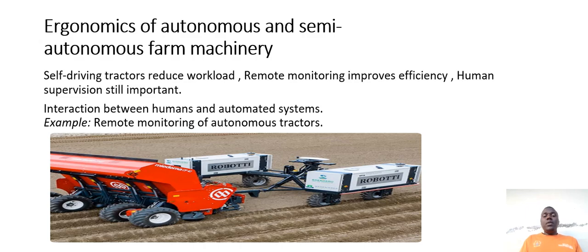You analyze the interaction between humans and automated systems. Example, remote monitoring of autonomous tractors. That is where robotics is used in agriculture, for autonomous and semi-autonomous farm machinery.